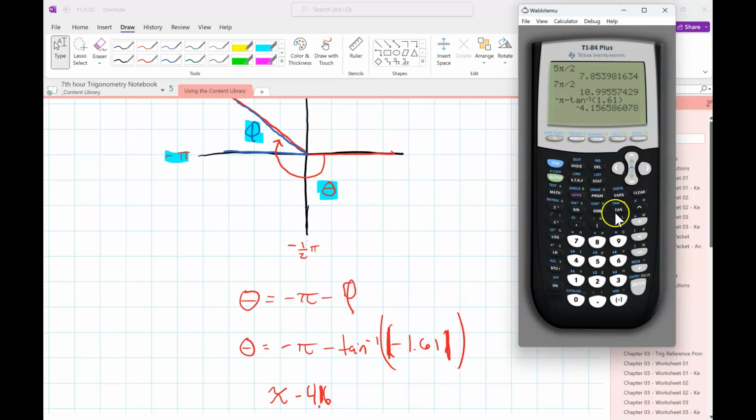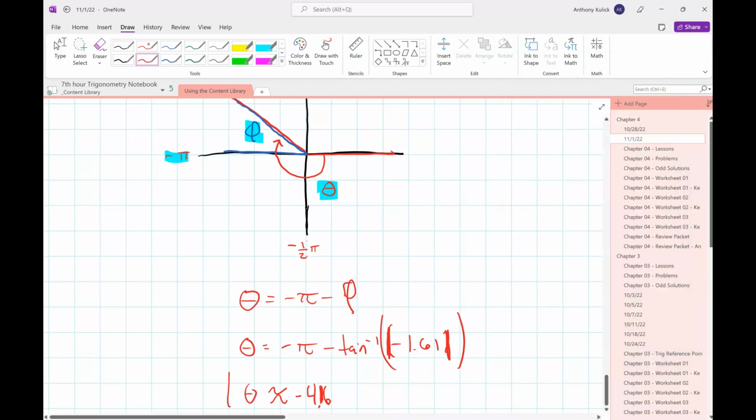We'll check it real quick. Tangent of that answer better give me negative 1.61. Good. And then that definitely needs to be between negative pi over 2 and negative 3 pi over 2. So it's definitely smaller than negative pi over 2, and it's definitely bigger than negative 3 pi over 2. So I am good to go there.